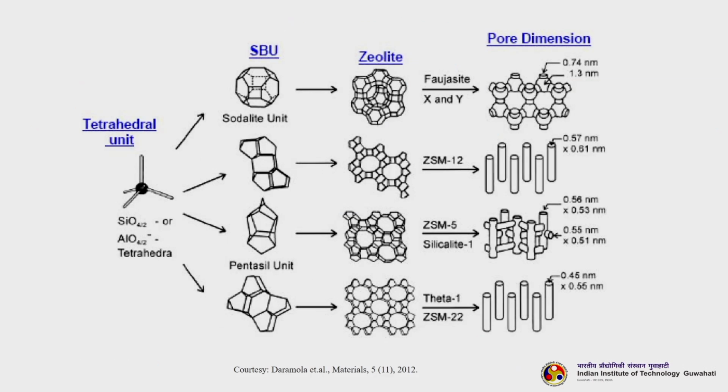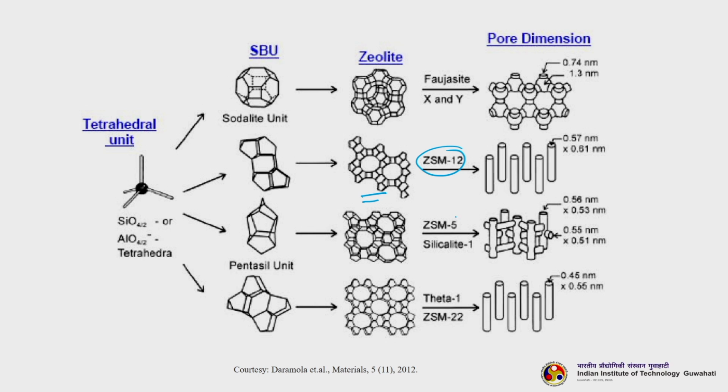This particular slide tells us about different types of zeolite membranes and their pore dimensions. The first one is faujasite. You can see the pore dimension is 0.74 nanometer to 1.3 nanometer, and the next one is ZSM-12. The structure looks like this, and they have cylindrical pores of 0.57 nanometer pore diameter.